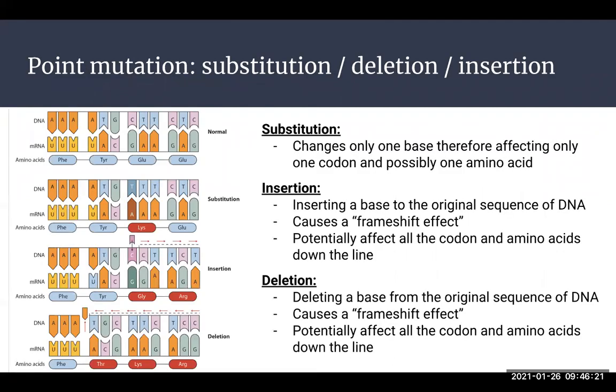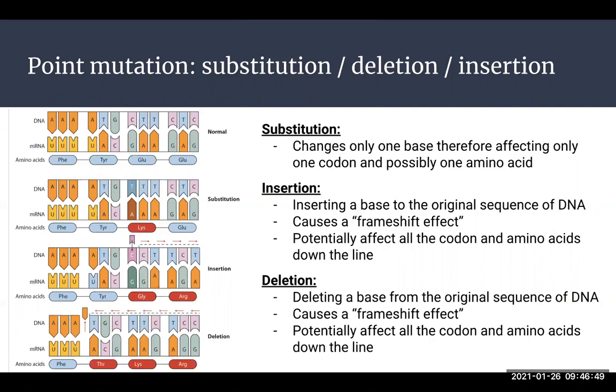In gene mutation, when we look at a point mutation where a single change has happened, there are different mechanisms of doing it. So we can categorize it again in terms of how it actually happens. One way is substitution, the other way is insertion, and then you have deletion.